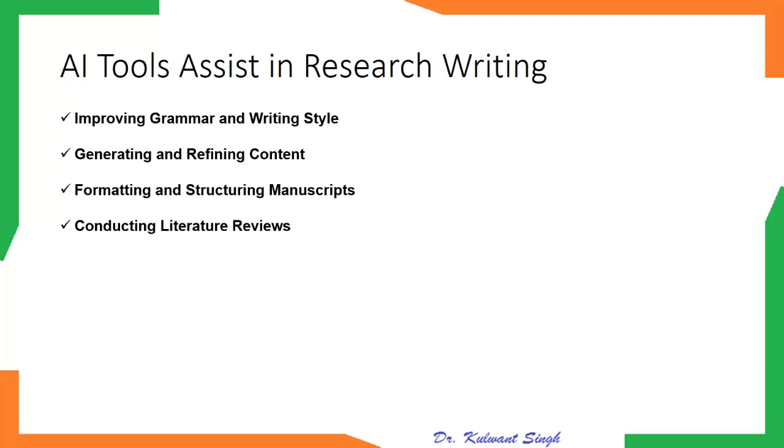Next is conducting literature reviews. The literature review part in research work is essential, important, and time consuming. At the same time, this part of the research upgrades the knowledge of the researcher.